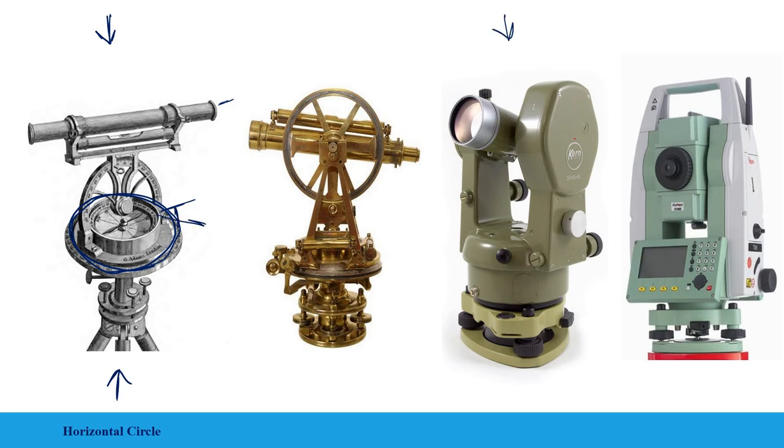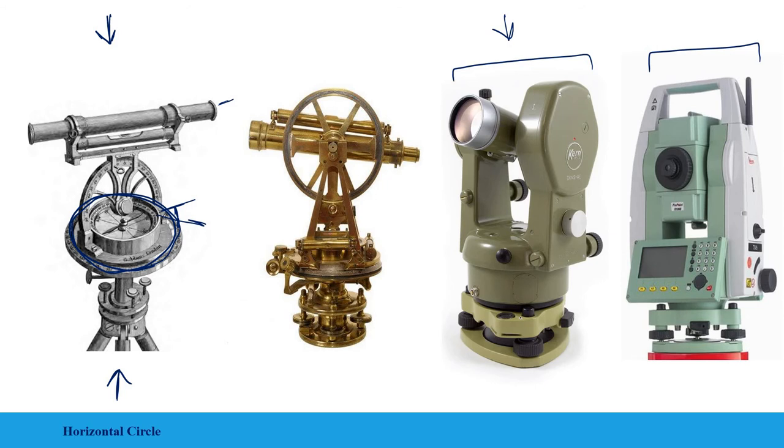And now we have more advanced instruments like this theodolite for example, and this total station. They apply the same principle for measuring horizontal angles, but for a higher level of accuracy. So instead of saying, okay, the angle is 30 degrees, now we are going to measure the angle to a second or even sub-second accuracy.